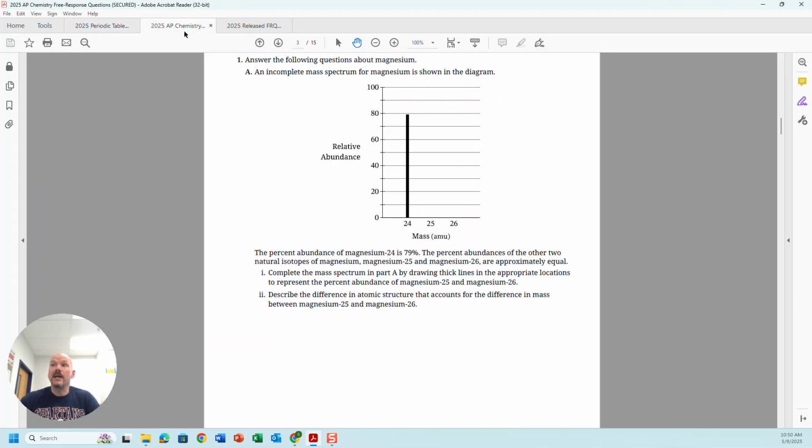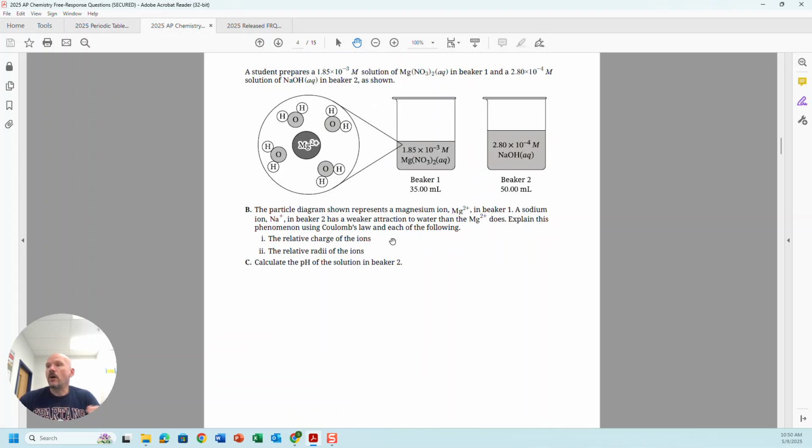Okay. So the next question, it's talking about the ion dipole interactions between magnesium and water. Okay, so they show that, right? So here's a magnesium ion, and then the oxygen is the negative dipole of water. So we have our ion dipole interactions between magnesium and oxygen in the water. And then it's asking why a sodium ion, in the same position, would have a weaker interaction.